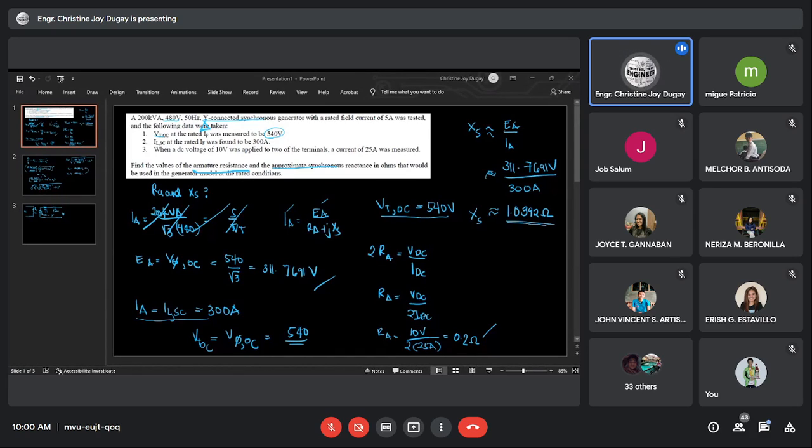Saglit, check ko lang kung kailan midterm nyo, para ma-discuss natin hanggang sa elective machines. Ang midterm ninyo, probably, I'm not sure, pero ang sinasabi nila is face-to-face yata ang mga major exams nyo.